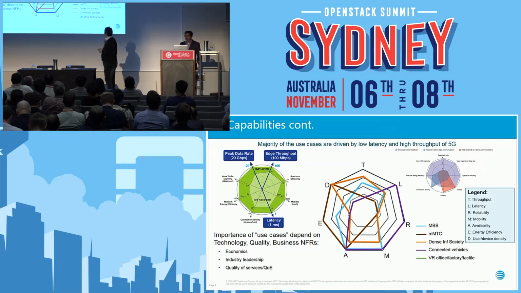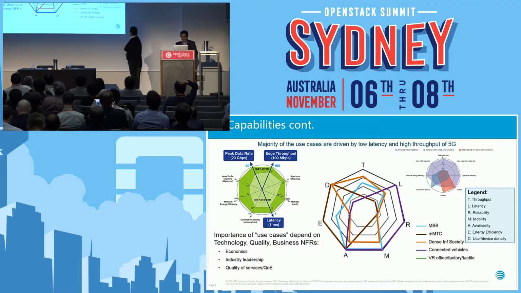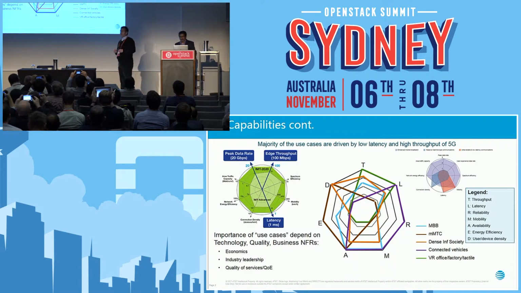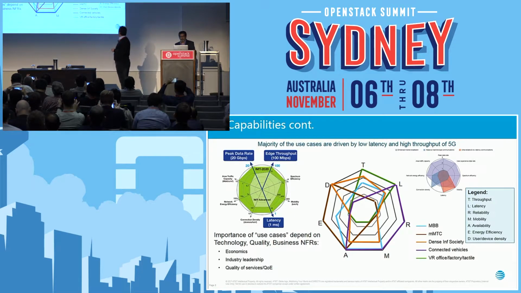So this curve is like that. And last but not least, virtual reality is probably one of the most talked about new applications that require the extreme points of 5G.